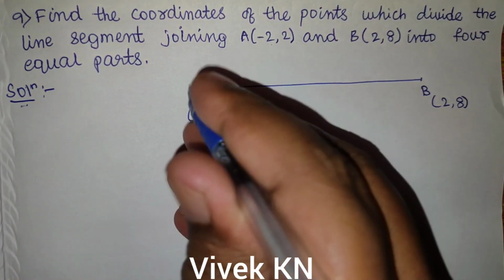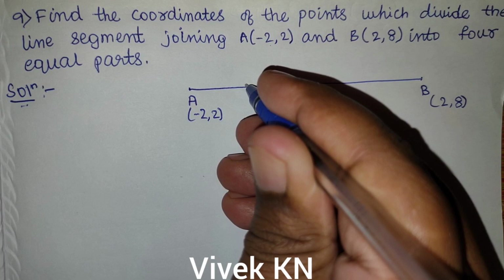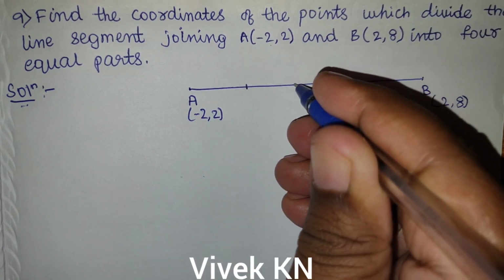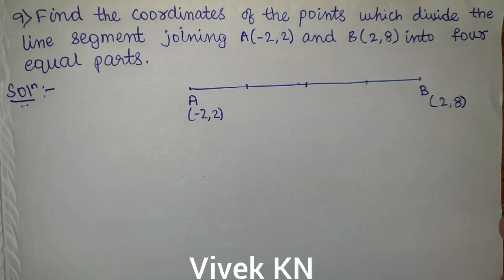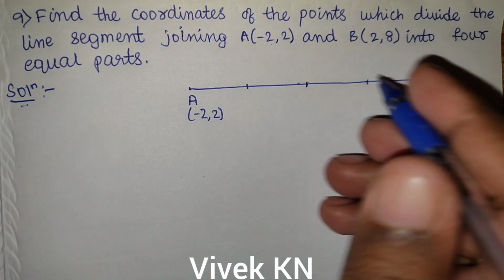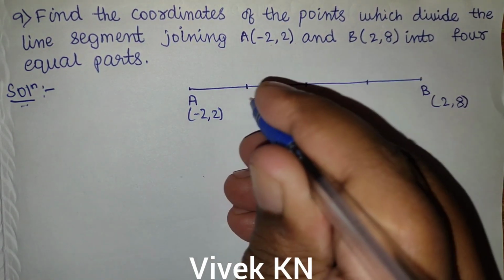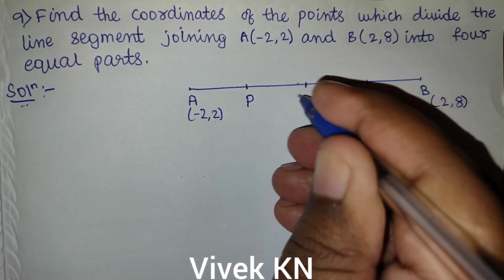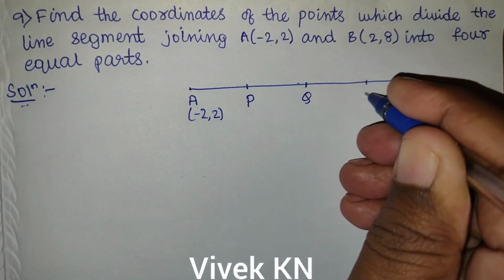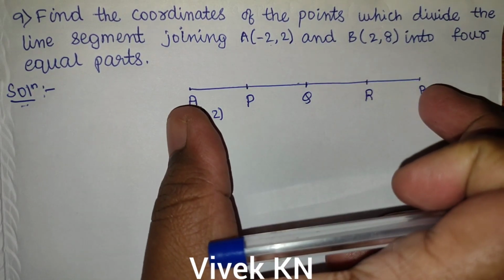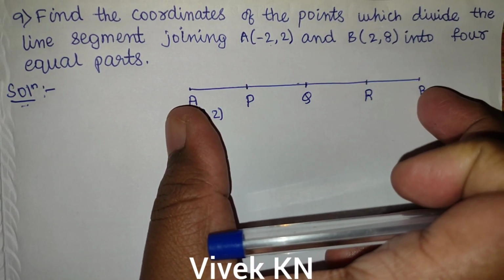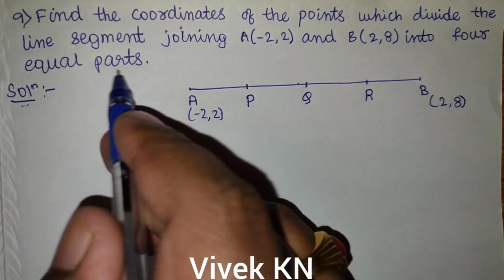Okay. So, this is the first part. This is the second part. And this is the third part. So, first let us name the points as P, Q and R. Here, this line segment AB is divided into 4 equal parts.